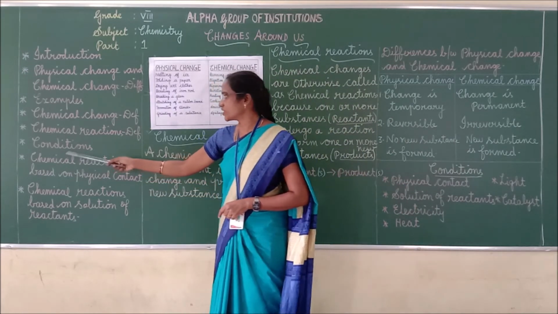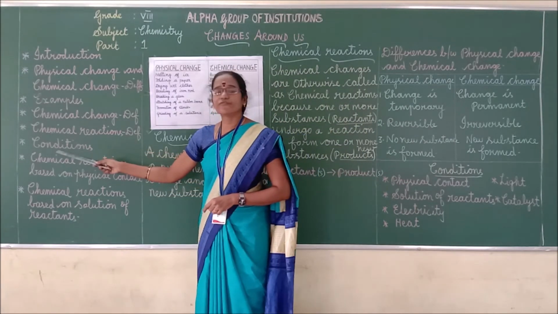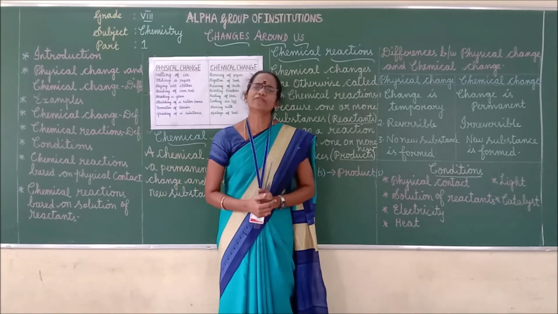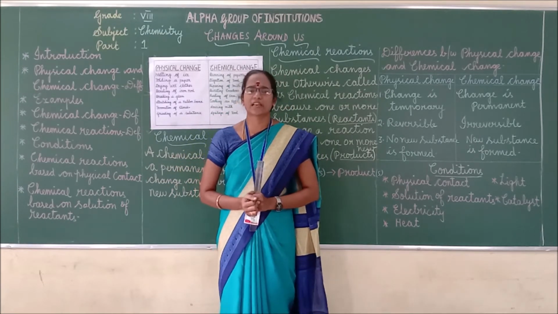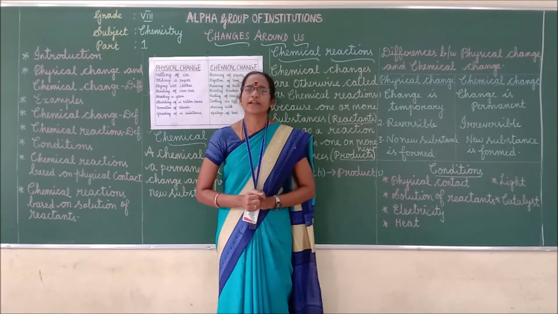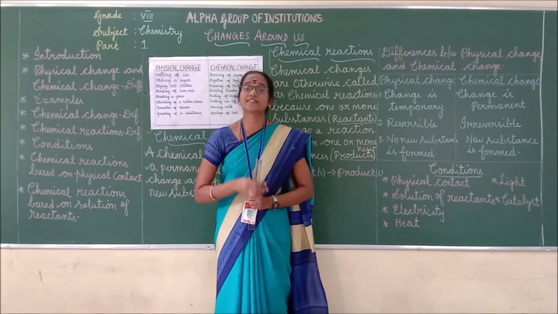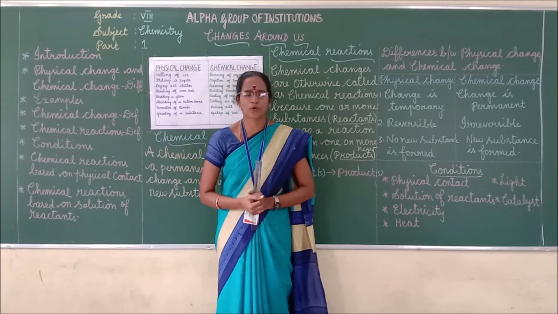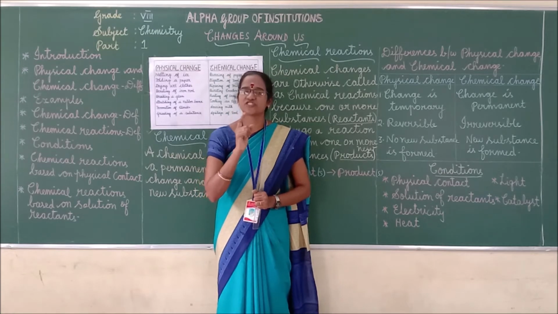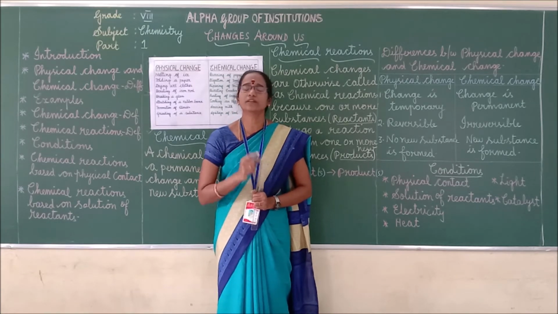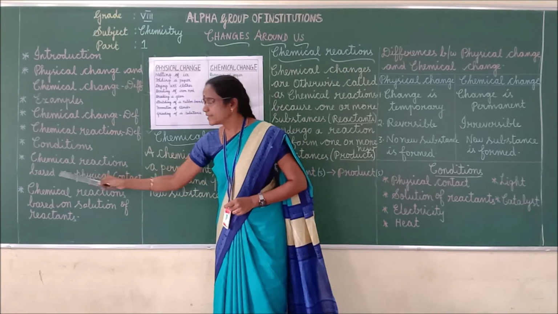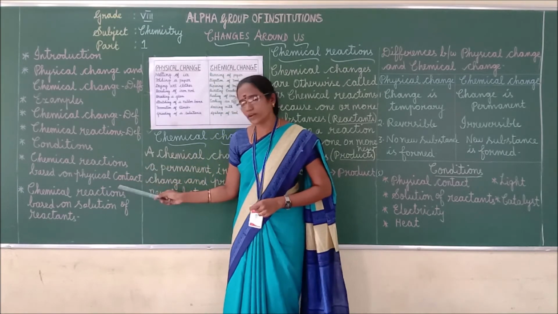Next one, conditions required for a chemical reaction to take place. Some of our day-to-day activities, like burning of a matchstick on rubbing and iron materials turning reddish brown. How do these changes happen? These changes happen due to chemical reactions based on physical contact.